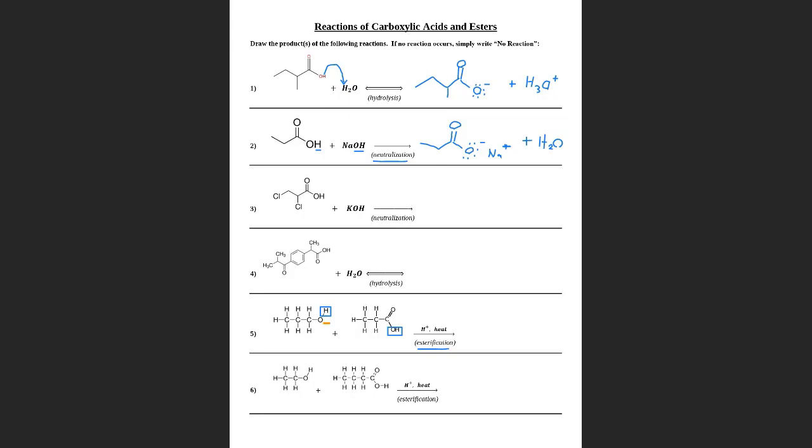This oxygen comes back and sticks itself to that C double bond O. So the H and the OH come off and form water. And the oxygen from the alcohol comes and sticks itself to that carboxylic acid carbon, or the carbonyl carbon.